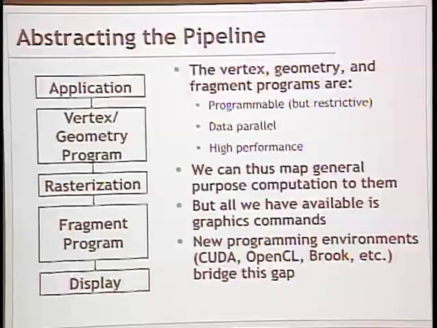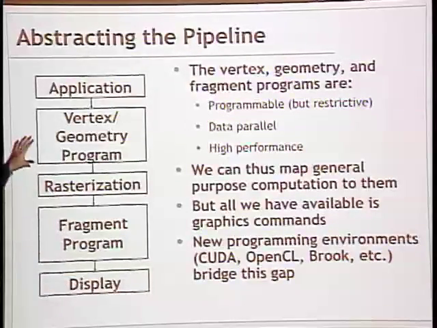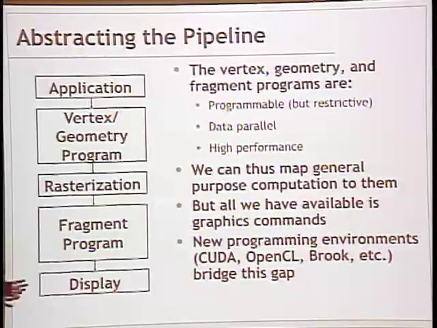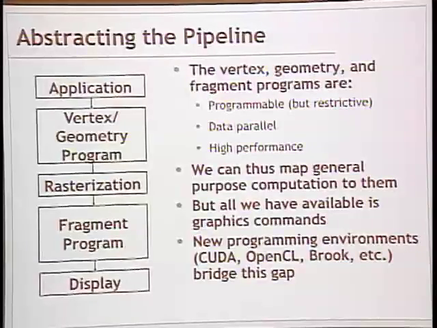One of the hard parts historically has been that the only way you can get to these units is to write an OpenGL program or DirectX program. And you'd have to write it in very strange ways so that it looked like a graphics program, but it was really computing something that wasn't graphics at all. So that was difficult. You'd do fluid simulations, but what you'd really be writing is an OpenGL program and using colors to describe things that weren't colors.